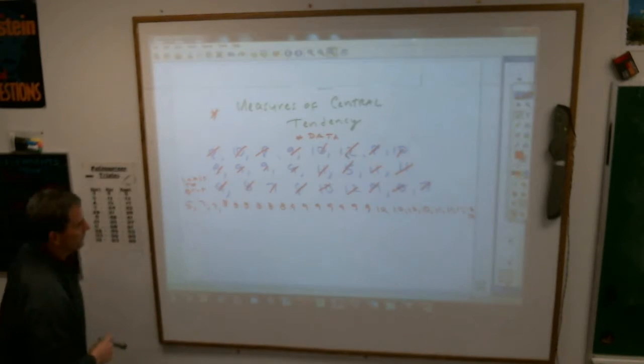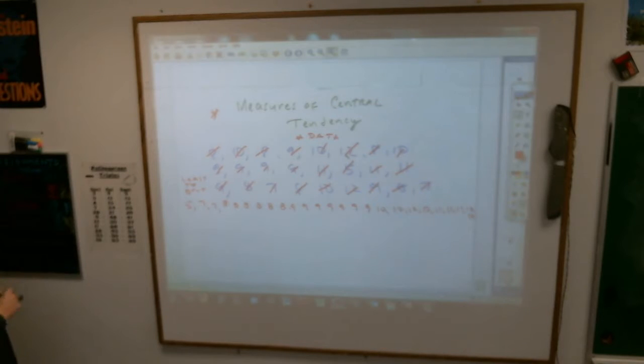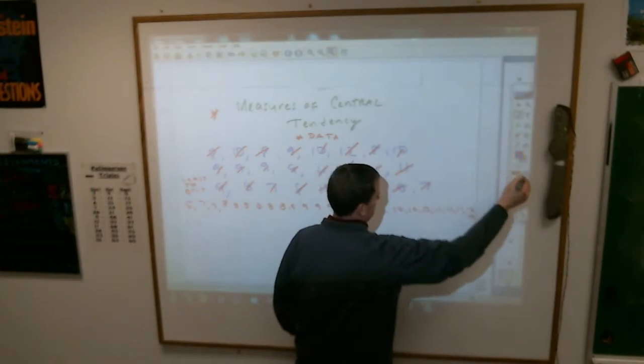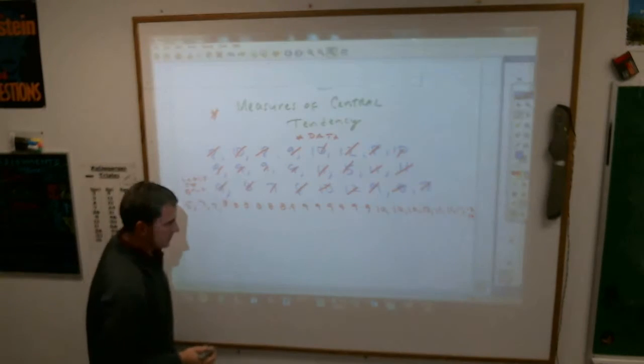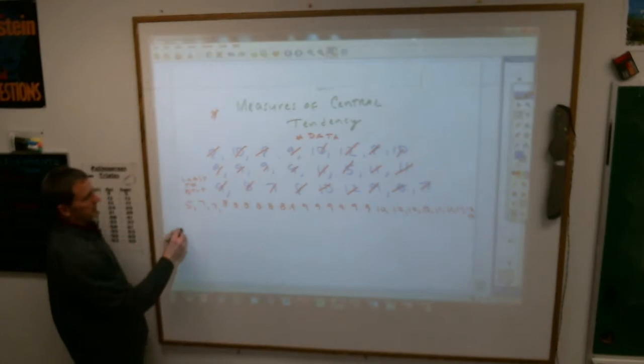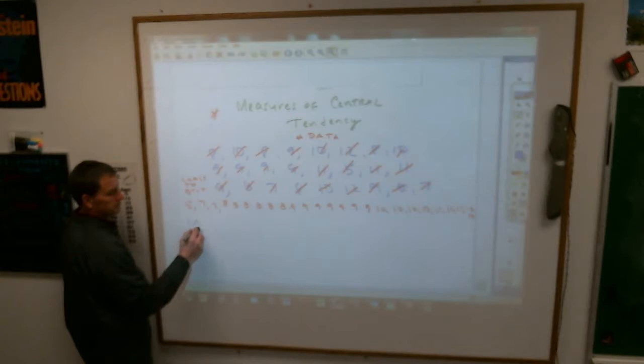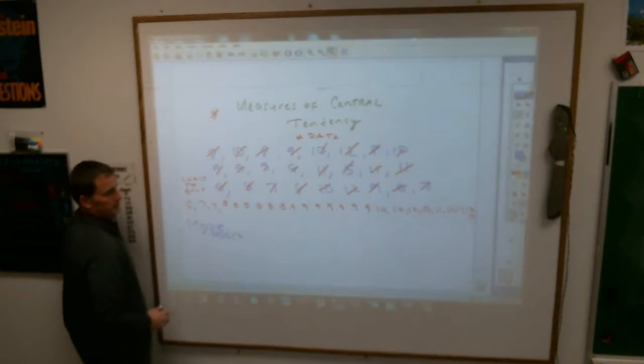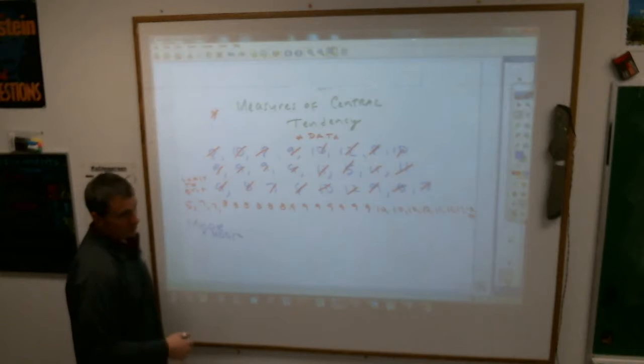Okay, so here's the deal with measures of central tendency. Usually they ask you 4 things, and some of them are easier than others. The first one is the mode. The word mode simply means the number that appears the most. You want to have it arranged so you can quickly see that.